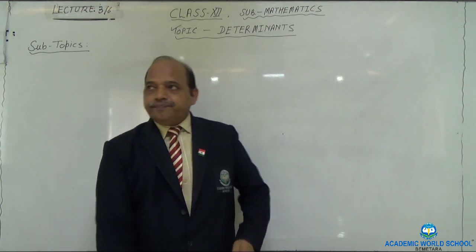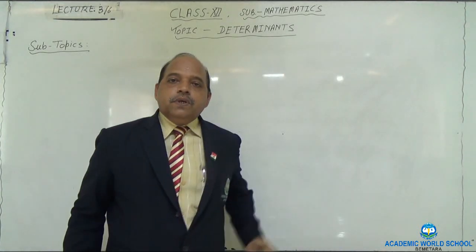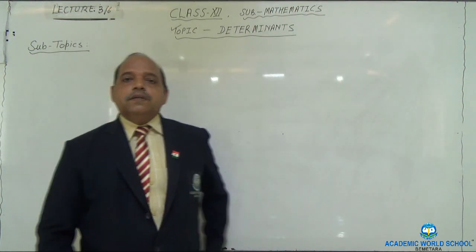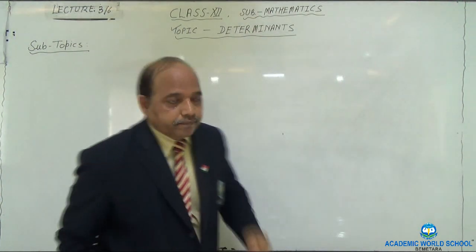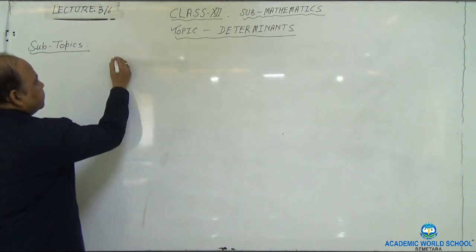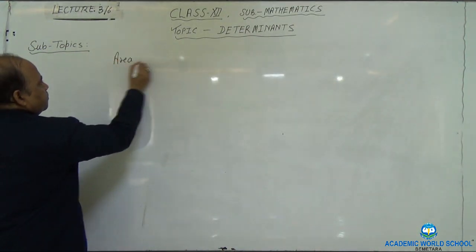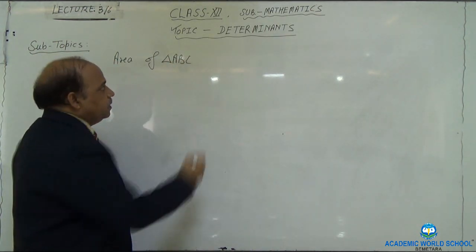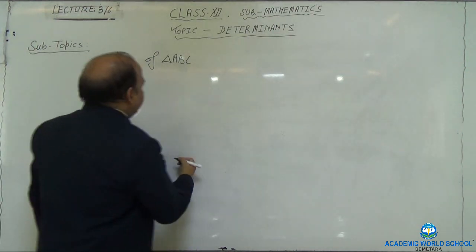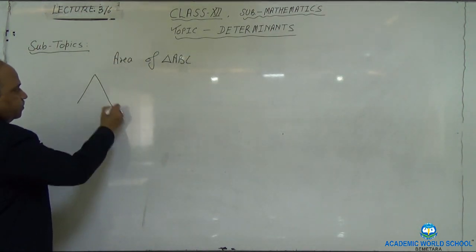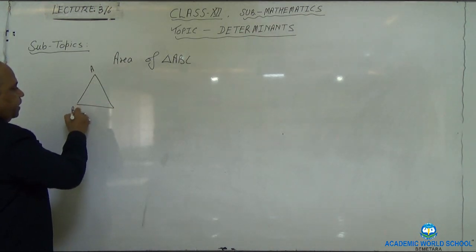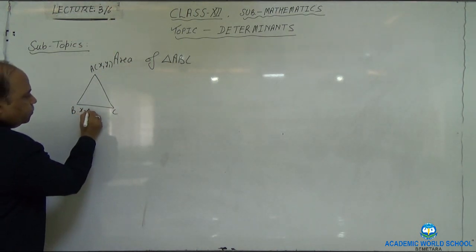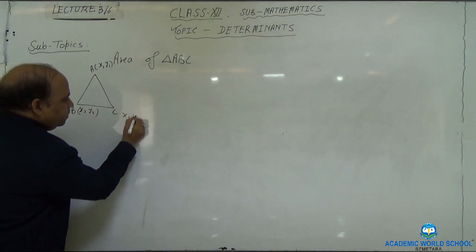In application, you need to recall how we got the area of a triangle. We learned in grade 10 the area of triangle ABC. Suppose the triangle is given with vertices A, B, C. Its coordinates are x1, y1, x2, y2, x3, y3.